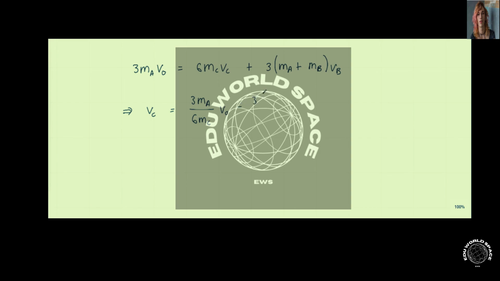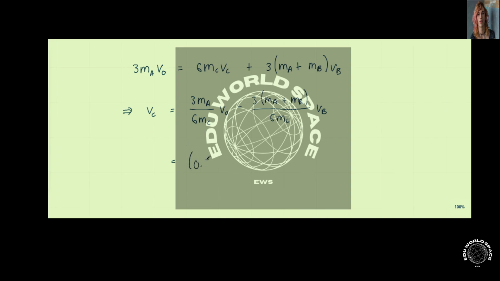minus 3 into ma plus mb all over 6 mc times vb. So now we have vc in terms of v0 and vb, and both these speeds are known, so we can substitute our values and find vc.